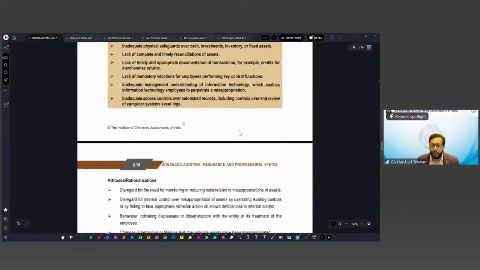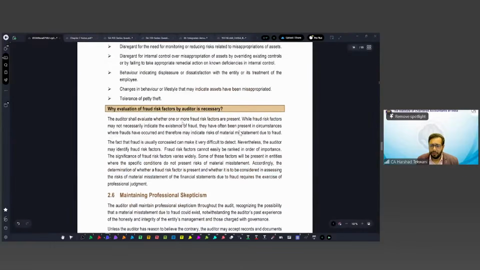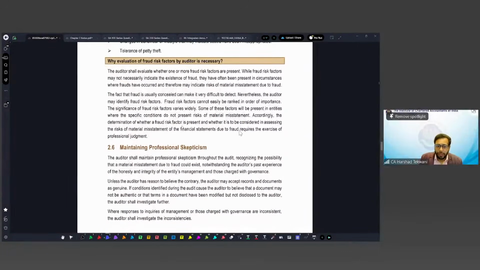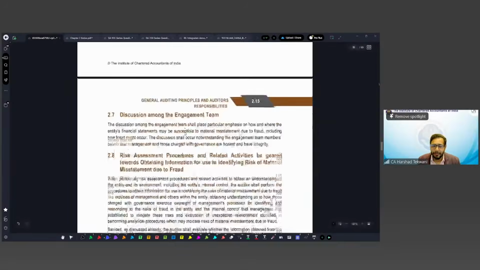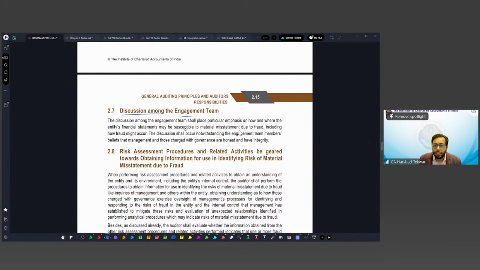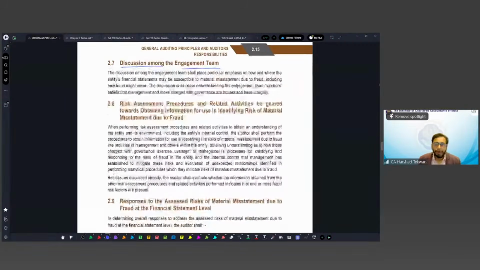Again, these examples are given, and I would recommend you read. We talked about maintaining professional skepticism, discussion among the audit team members, and risk assessment procedures. What risk assessment procedures we are required to do is again part of the planning.